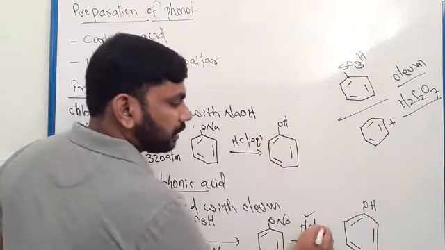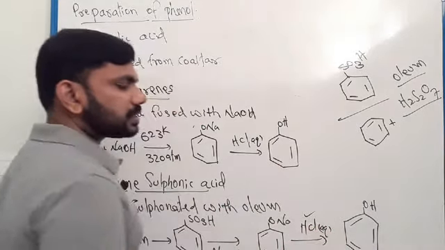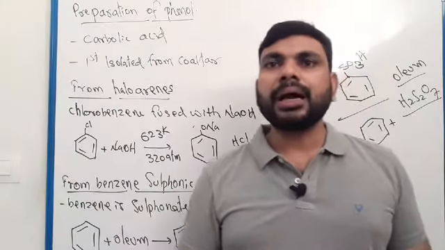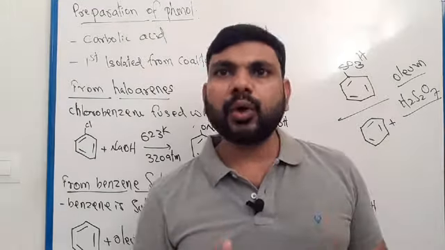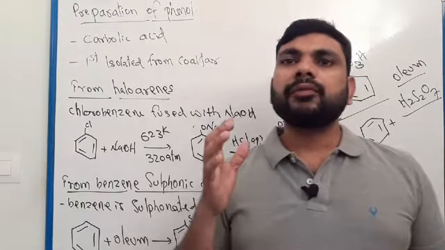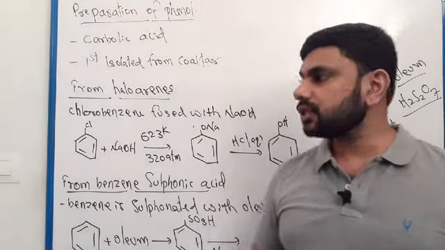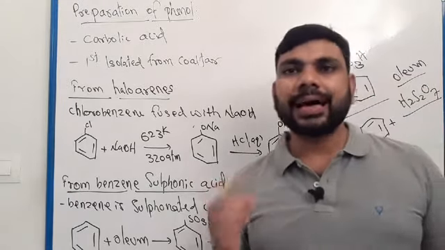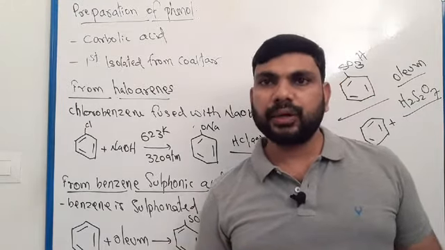So we discussed two methods for preparation of phenol. First, from haloarene: haloarenes treated with fused sodium hydroxide change to sodium phenoxide, and sodium phenoxide treated with aqueous HCl gives phenol.